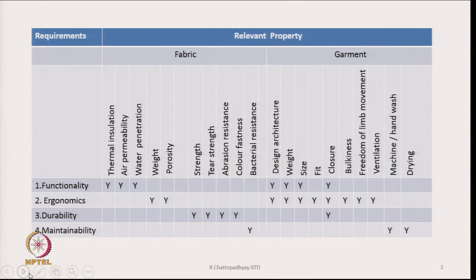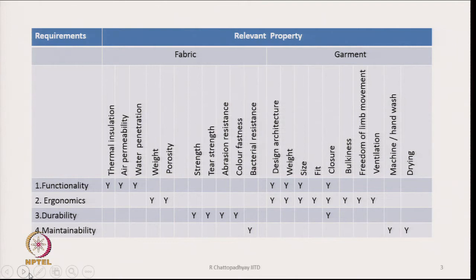If you look at functionality from the fabric consideration, what is important is thermal insulation of the fabrics that we are going to use. Then comes air permeability and water penetration, and these are related to the fabric.